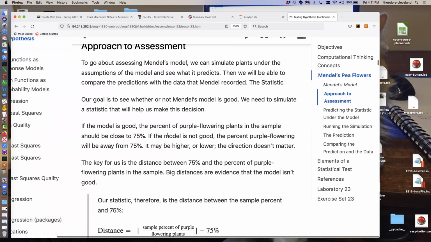So let's suppose we want to assess Mendel's model of the world. We can use all the tools that we've already learned to do it. We can simulate growing pea plants, and in a computer we could simulate thousands and thousands of seasons.